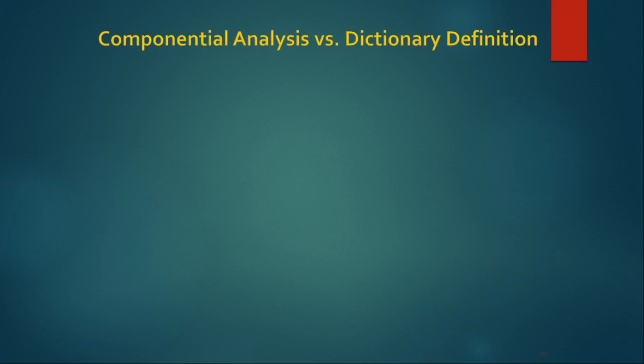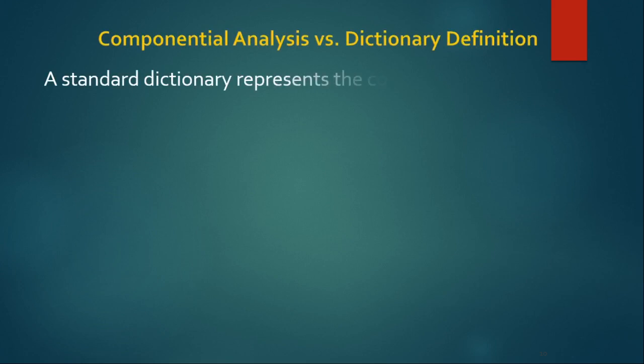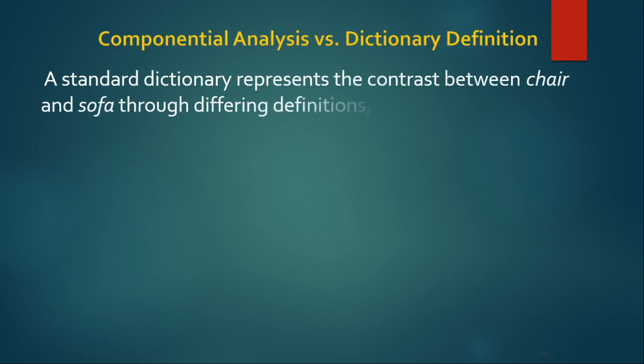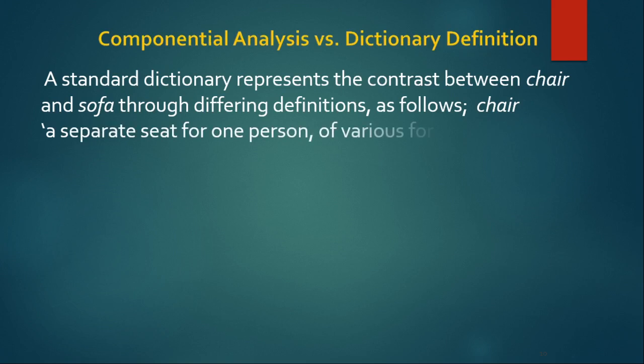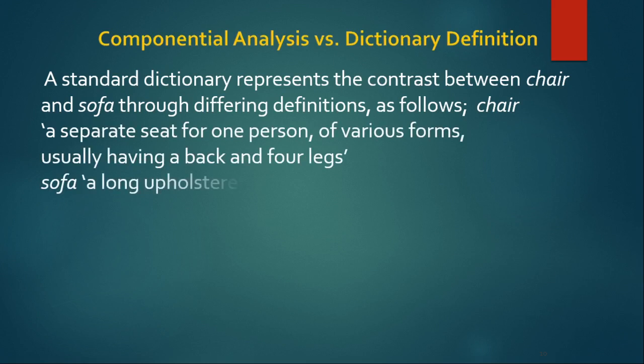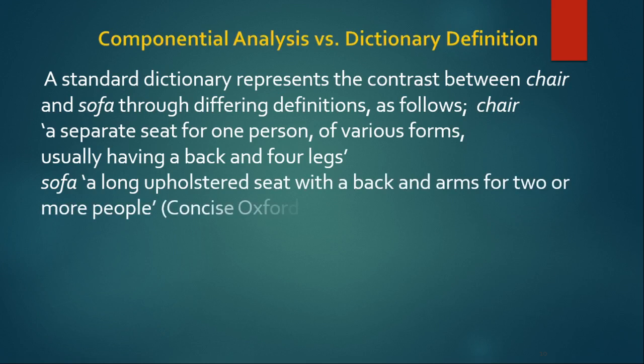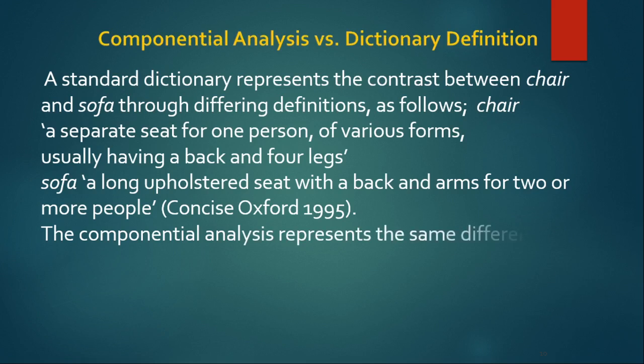Thus, componential analysis and dictionary definition are two different things. A standard dictionary represents the contrast between chair and sofa through different definitions as follows. Chair: a separate seat for one person of various forms, usually having a back and four legs. Sofa, on the other hand: a long upholstered seat with a back and arms for two or more people. Concise Oxford, 1995.